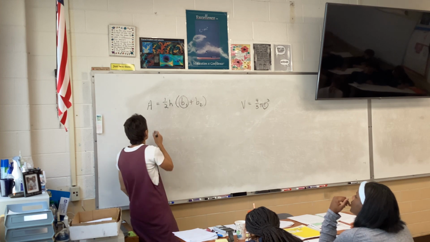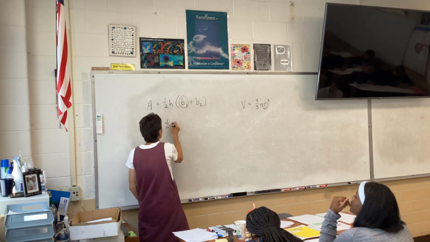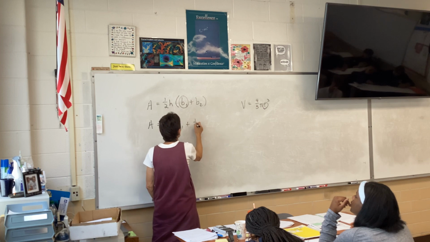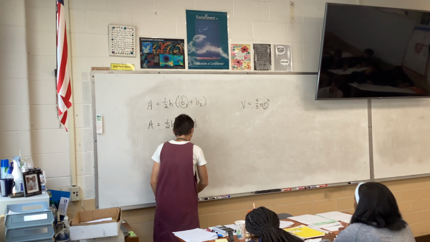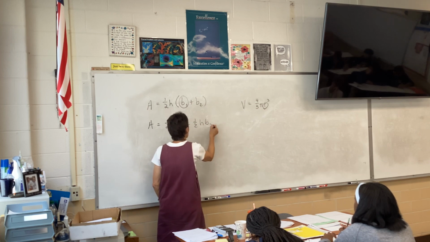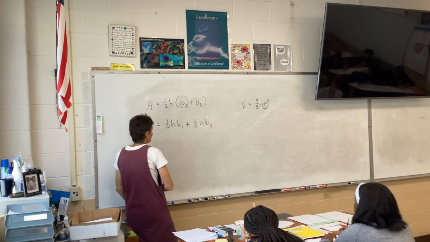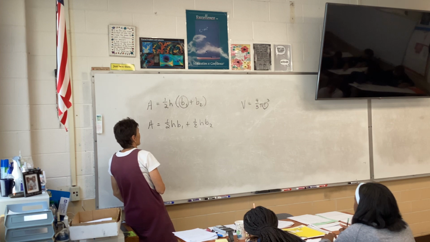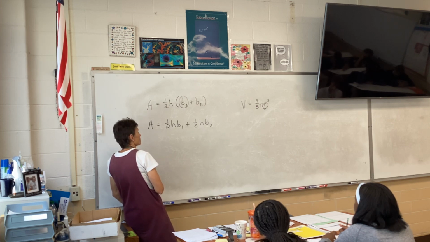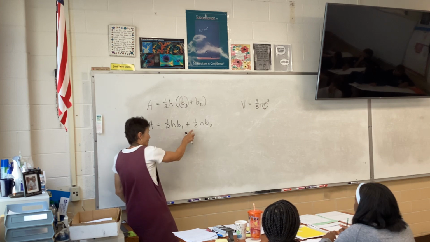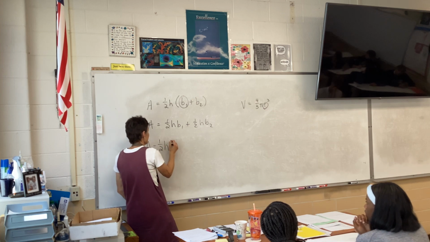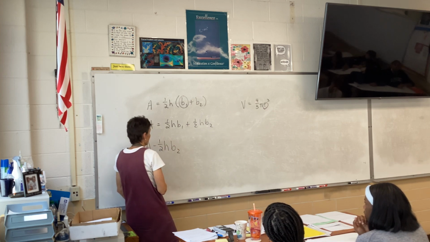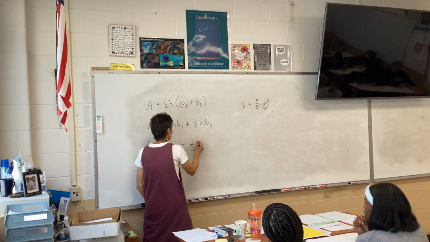You distributed? Right, then what did you do, Jaden? Subtracted the second B. Yep, you're going to subtract the second piece, if this is the way you did it. That's exactly what you're going to do.